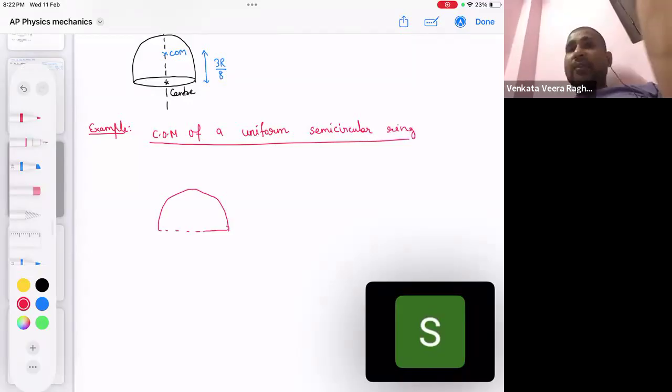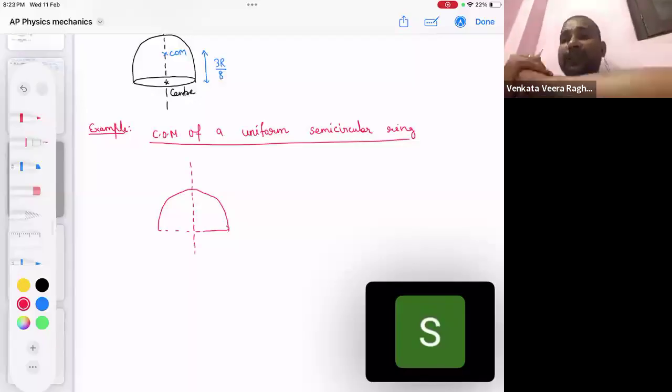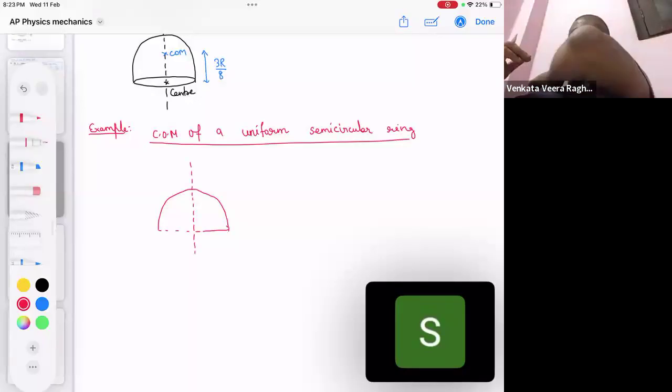So the ring is there, so what kind of distribution of mass will happen? The distribution of mass is going to be linear. Understood? The mass will be distributed throughout the circumference of the ring. So here it is a linear distribution of mass.